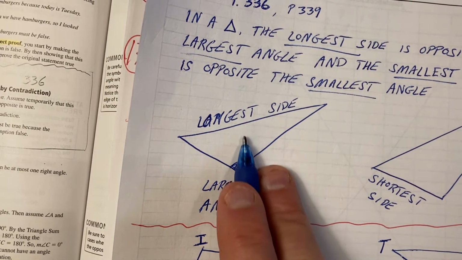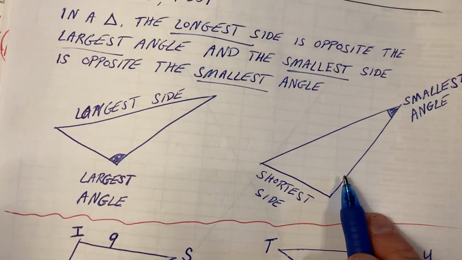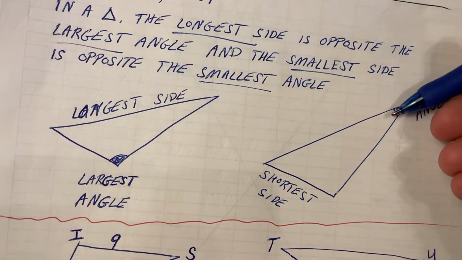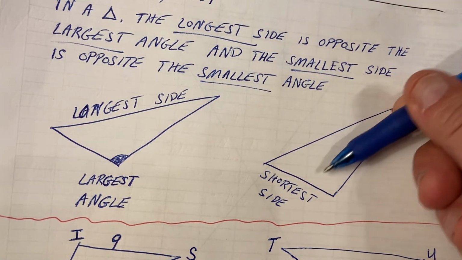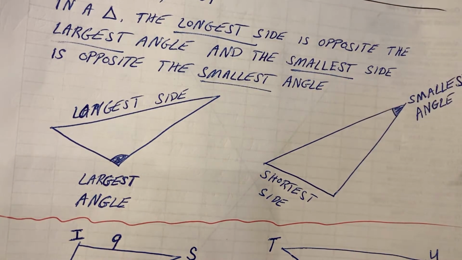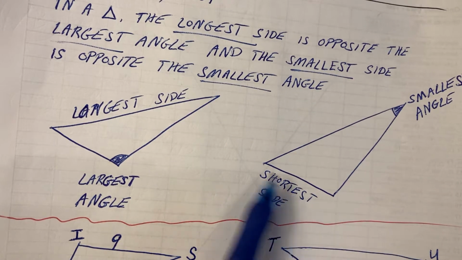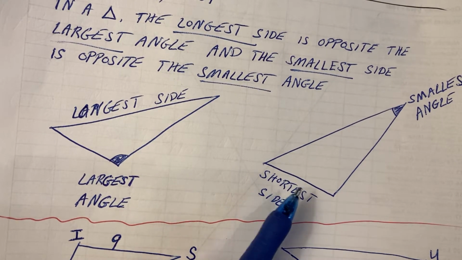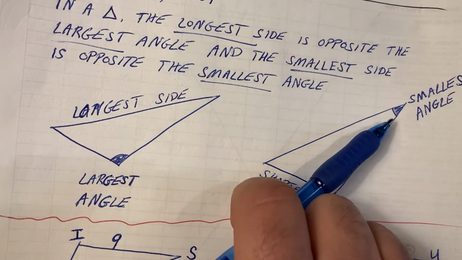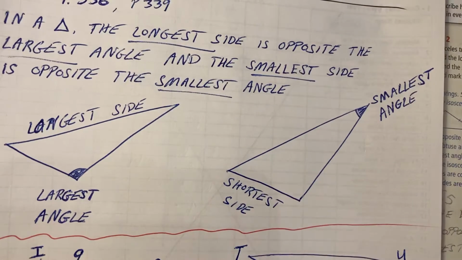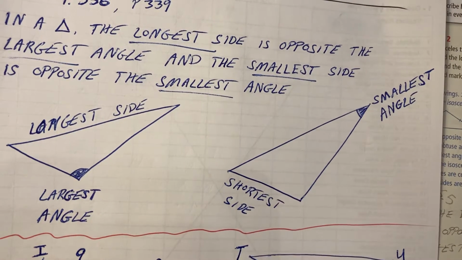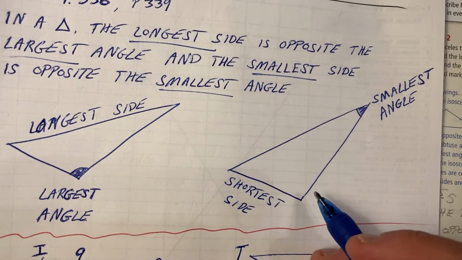Same goes for the smallest angle. If this is the smallest angle, then the side opposite of that must be the smallest or shortest side. If this is the shortest side, then the angle opposite of that must be the smallest angle. That's going to make things a lot easier in the future.